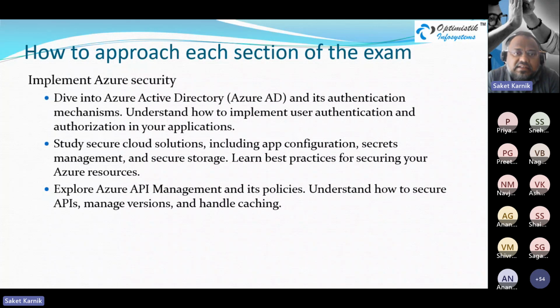And then API management and its policies, because API management is basically a different arena altogether. AD serves API management as well, but the logical control is with the API management tool itself. So how exactly authentication and authorization will work is decided by APIM. That's what you have to go through.